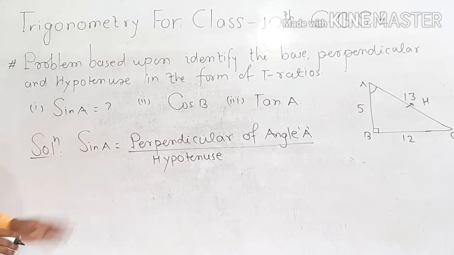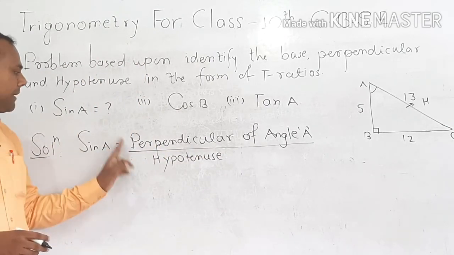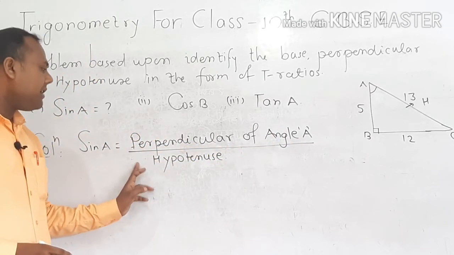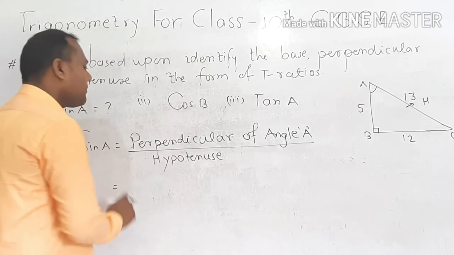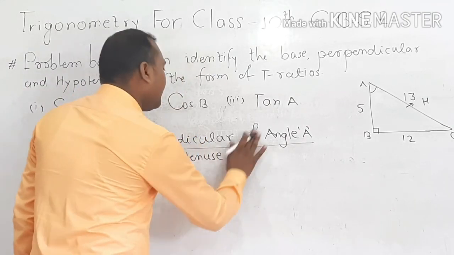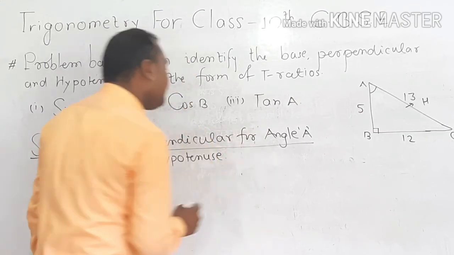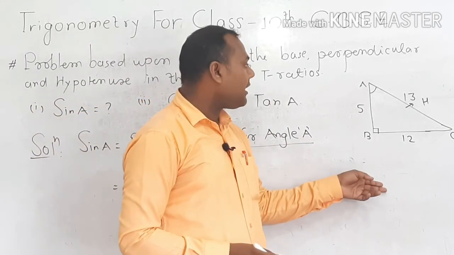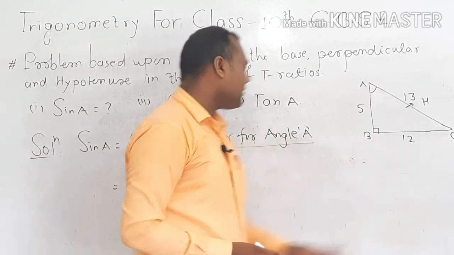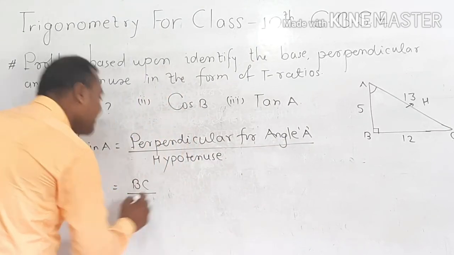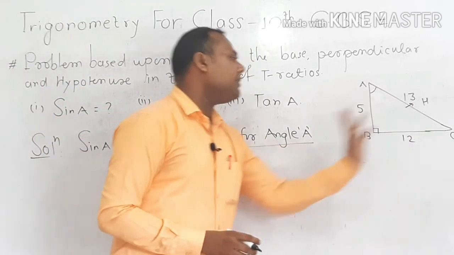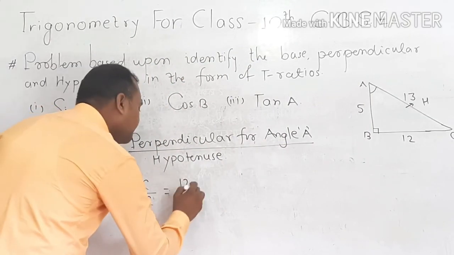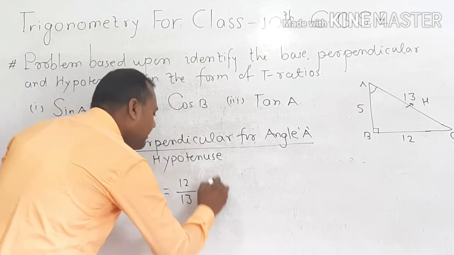What is the perpendicular for angle A? The opposite side BC, and the hypotenuse is always fixed, AC. So BC is 12 and AC is 13, and this will be the answer.